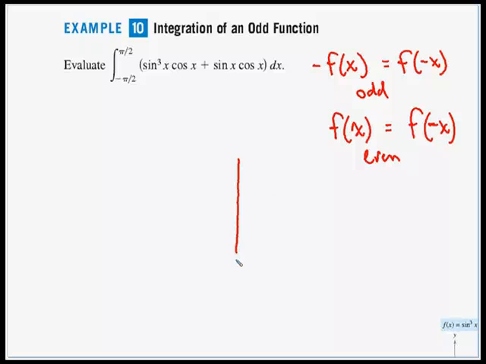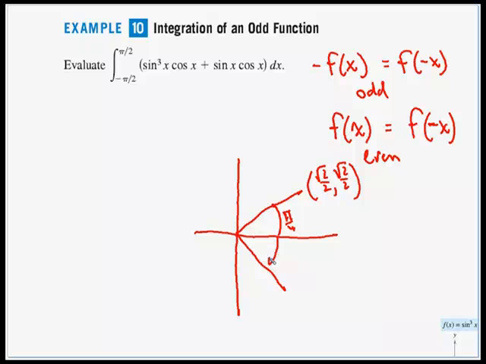Maybe when you're thinking of the unit circle. Here at positive 1/4 pi, our x value is square root of 2 over 2, and our y value is square root of 2 over 2. When we look at negative 1/4 pi, we have a point where our x value is still positive square root of 2 over 2, and this y value is negative square root of 2 over 2.